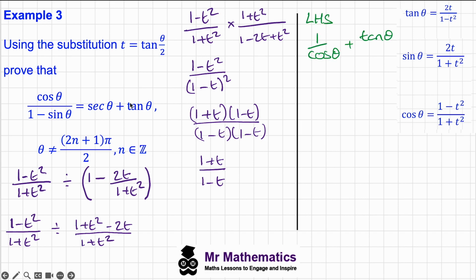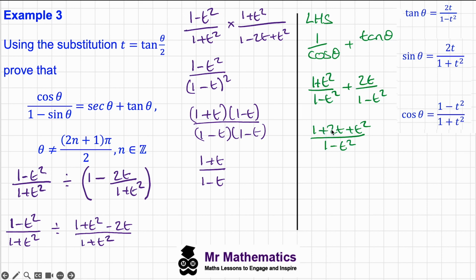Now, we know sec theta plus tan theta, where sec theta is 1 over cos theta. We can work out 1 over cos theta by flipping this upside down. We're given tan theta. We've got a common denominator, so we can add the numerators together. We get 1 plus 2t plus t squared, all over 1 minus t squared.